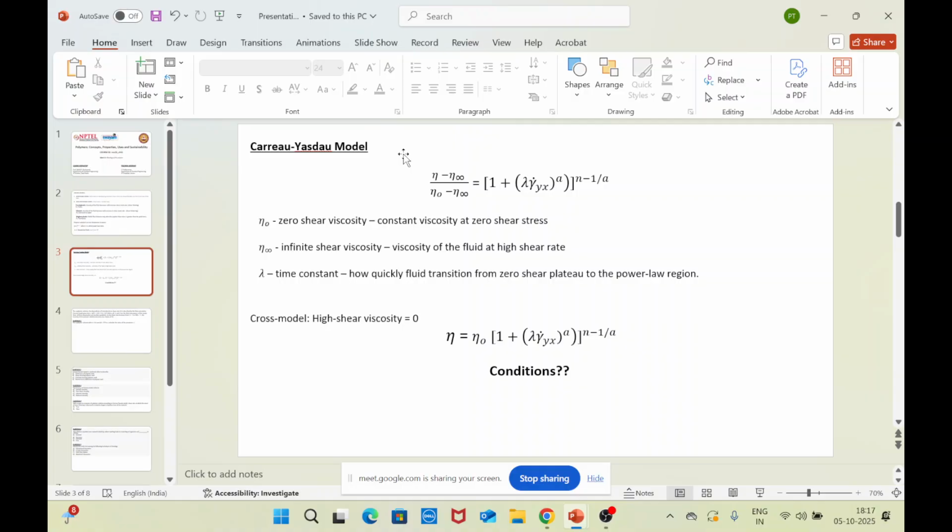Until the stress applied exceeds the value of the yield stress, there will be no flow. If the stress applied exceeds the yield stress, then there will be a constant flow, or a steady flow, with a particular strain rate. That is what the Herschel-Bulkley model describes.